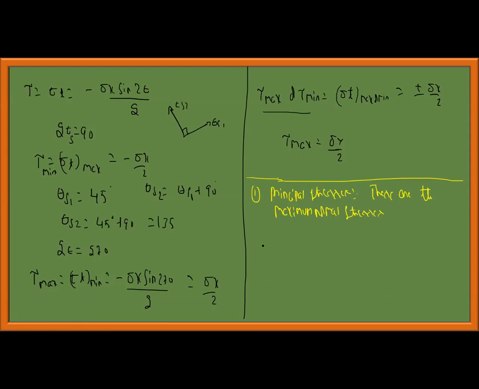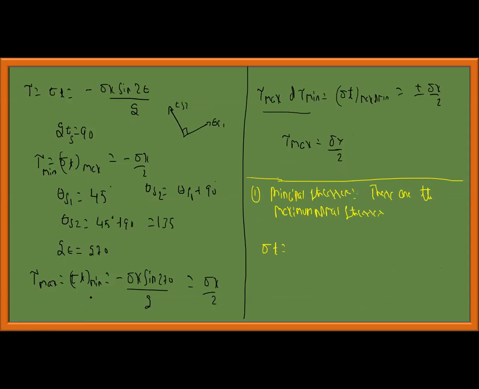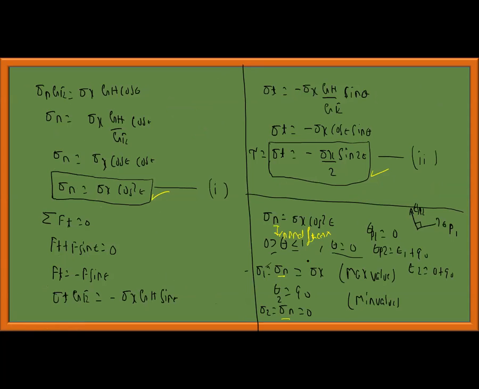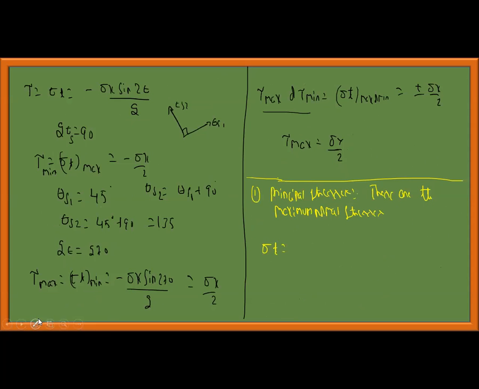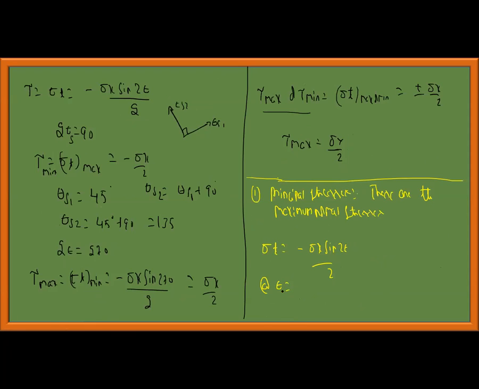Let us take the expression for sigma t on the plane, at an angle theta equal to 0 and theta equal to 90 degrees. We take sigma t equal to minus sigma x into sin 2 theta by 2. At theta equal to 0 and 90, this is 0. So theta 1p is equal to 0, and theta 2p is equal to 90 degrees.